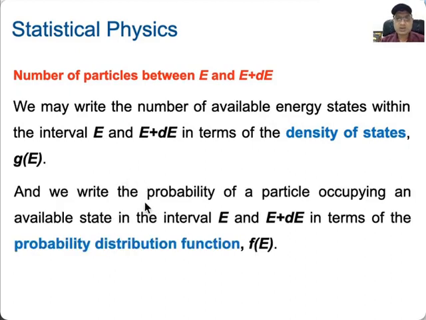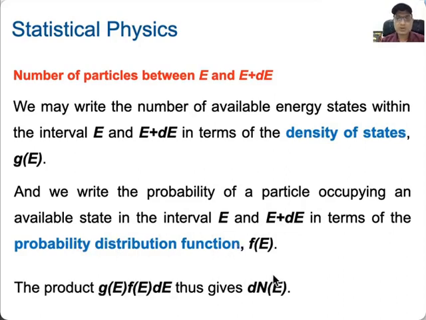The other quantity is the probability of a particle occupying an available state in the interval E and E plus dE, described by the probability distribution function. Therefore, the number of particles between E and E plus dE can be written as the product of G(E), the density of states, and the probability distribution function F(E), times dE, the energy interval between E and E plus dE.